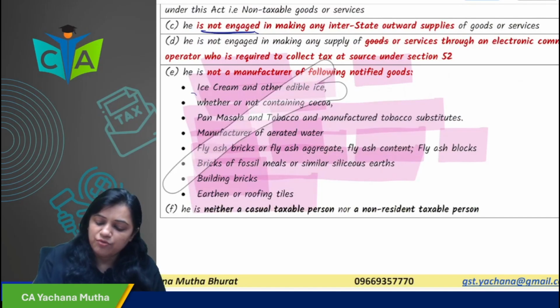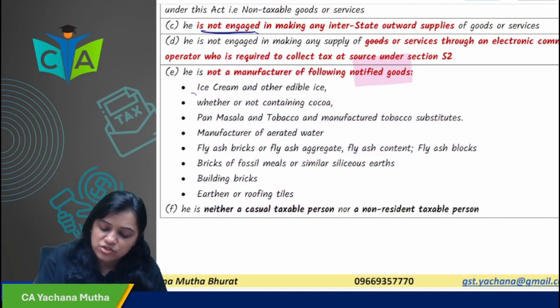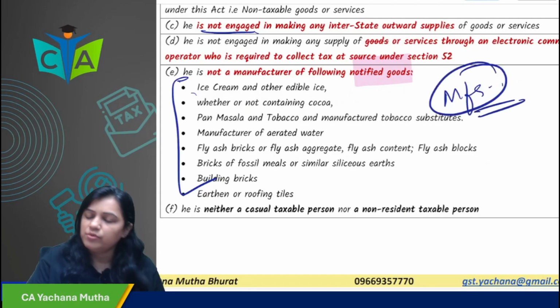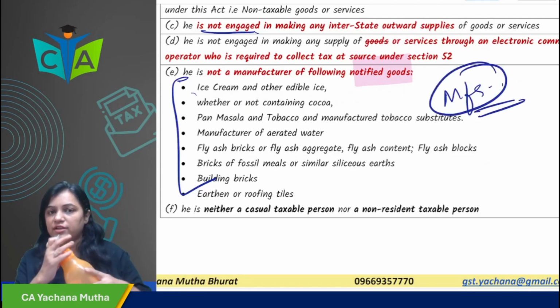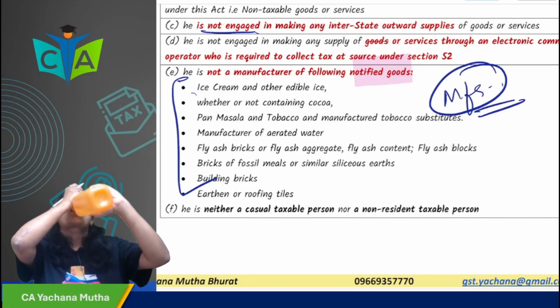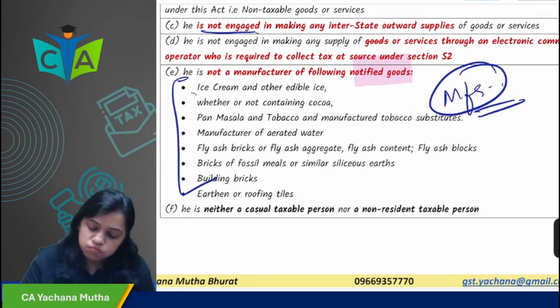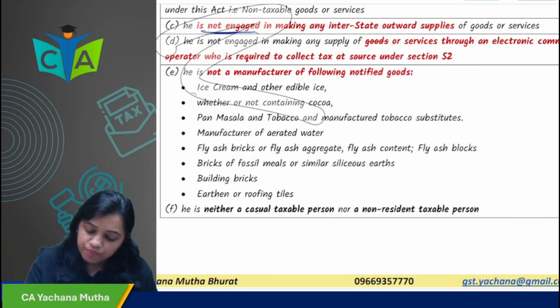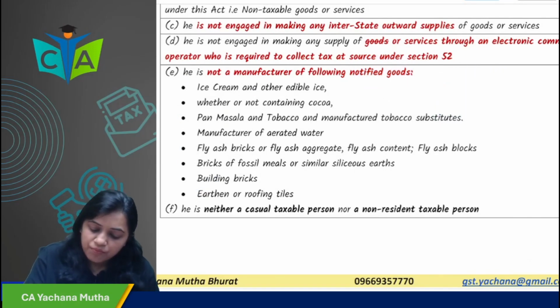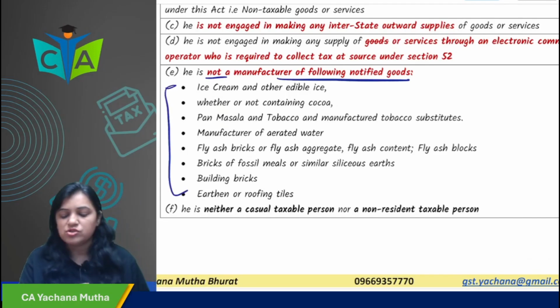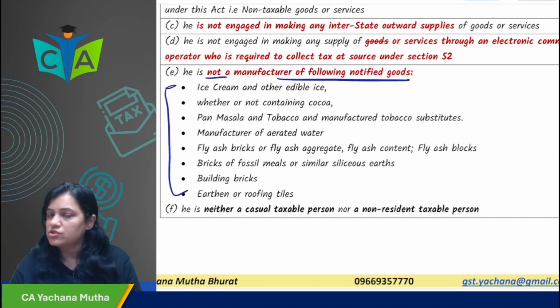So, composition scheme is not allowed to the manufacturer of all these, but to the trader of these, composition scheme is allowed.